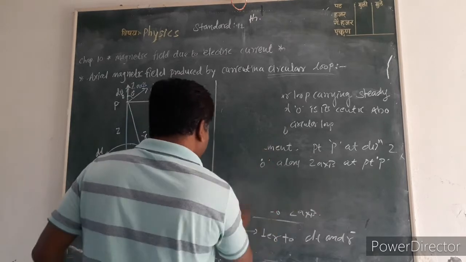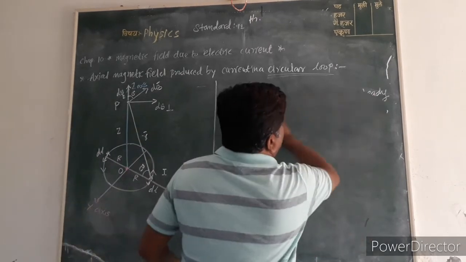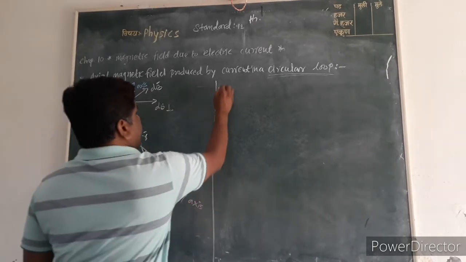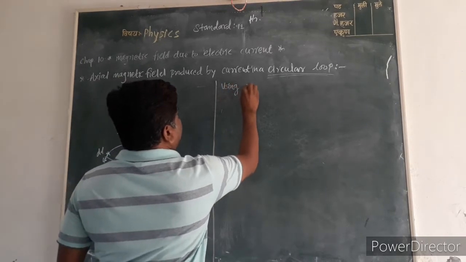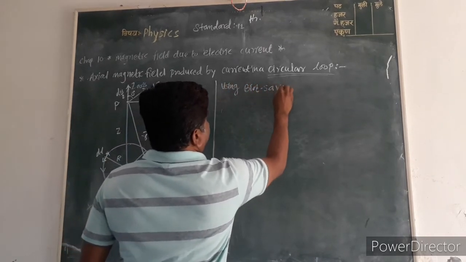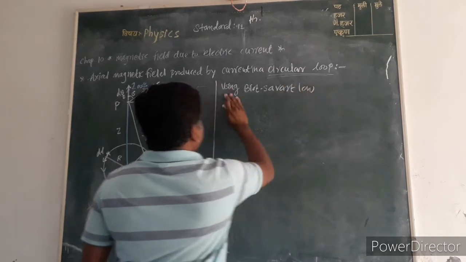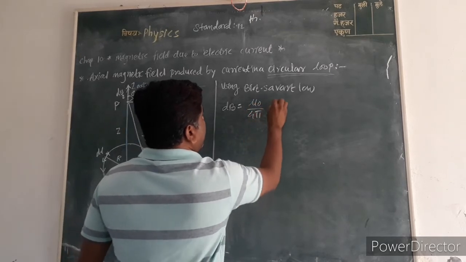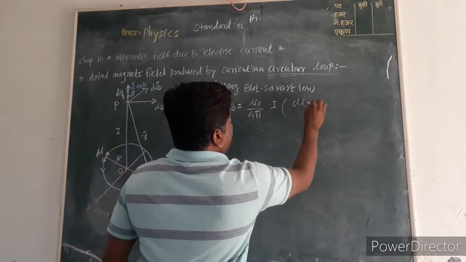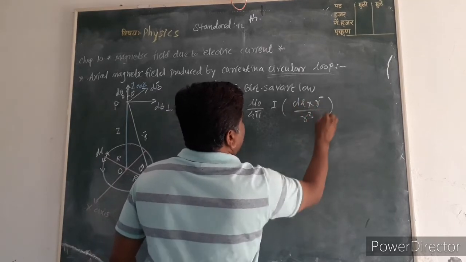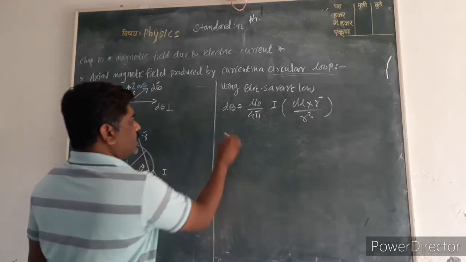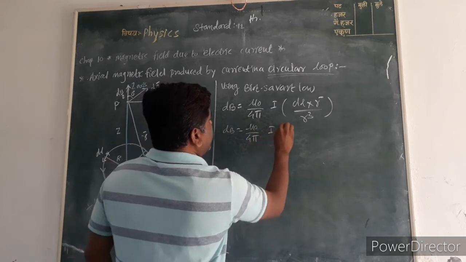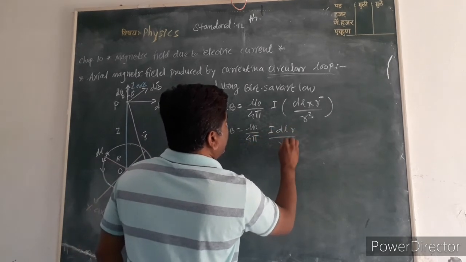Now we use the Biot-Savart law. dB is equal to mu 0 upon 4 pi, I dl cross r bar divided by r cubed, or this is written as dB is equal to mu 0 upon 4 pi, I dl r divided by r cubed.